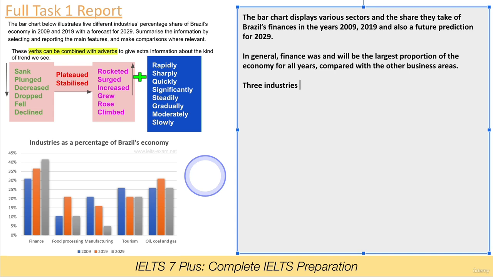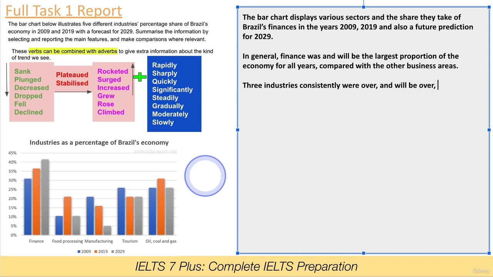3 industries consistently were over and will be over.